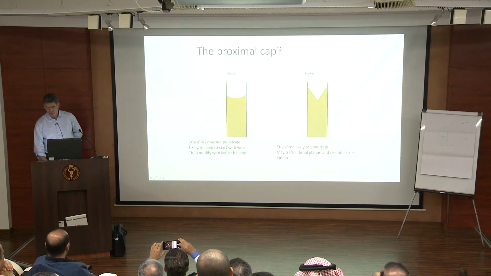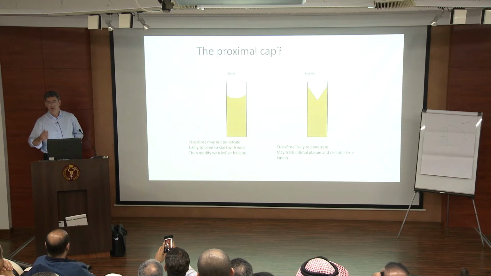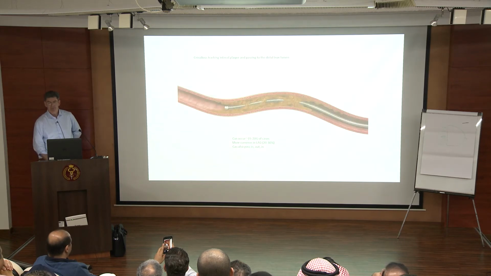But this is the type of lesion where you can actually go up front with a soft wire, with a crossboss, you get straight into the vessel architecture, and you will either go straight through the lesion or you will end up in the subintimal space.